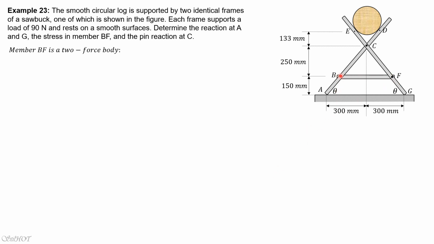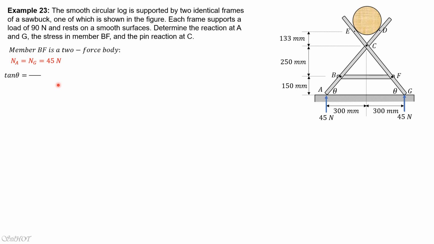So the force is directed from B to F or from F to B, and the weight is 90 newtons. Because of symmetry and smooth surfaces, each normal reaction at A and G would be equal to half of 90, so 45 newtons.